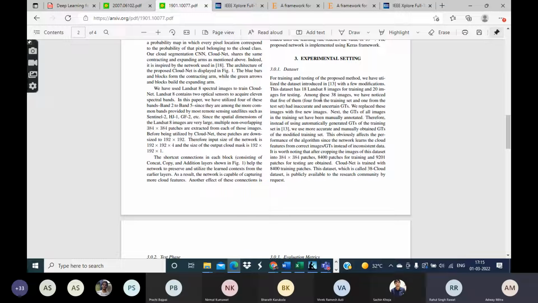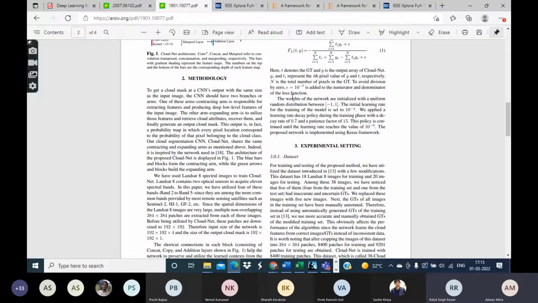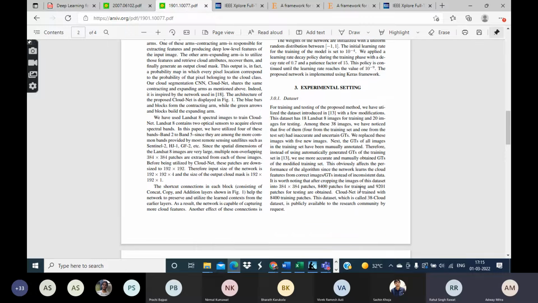Of course, it is based on only so few images. They cannot possibly train a neural network which has millions of parameters. However, what they will do is crop these images in multiple ways and use them for training. That is, they will decompose each of the images into patches and use them for training.